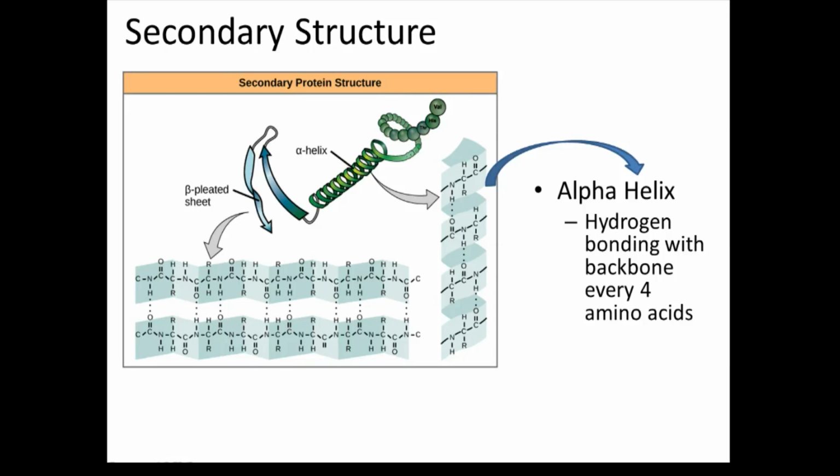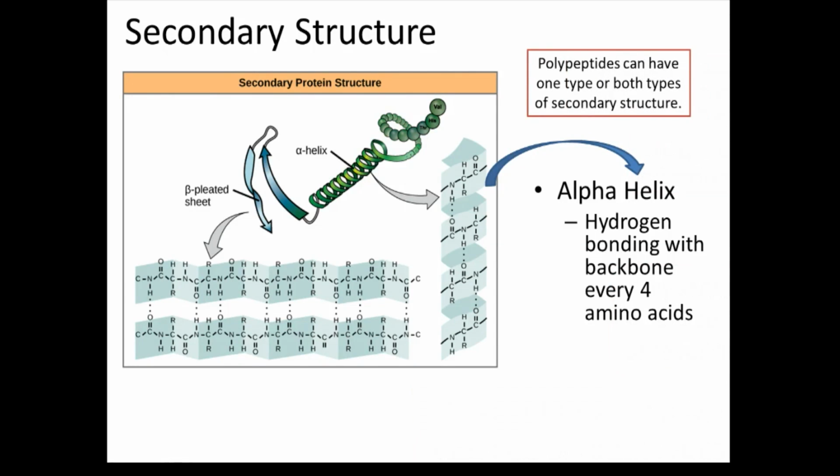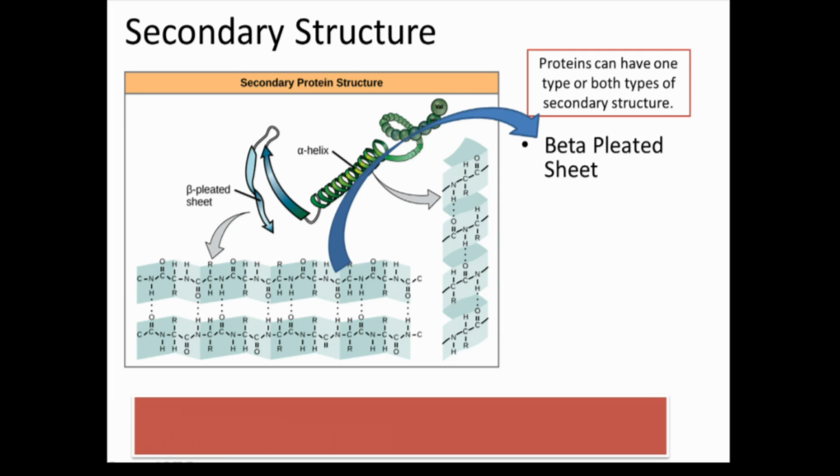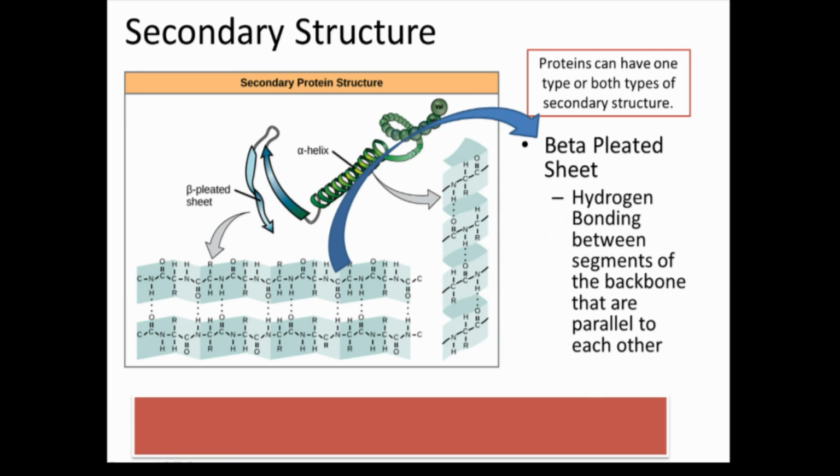Then the other structure you can have is the beta pleated sheet. This is when you have hydrogen bonding between segments of the backbone that are parallel to each other. This gives a flattened region of the polypeptide chain.